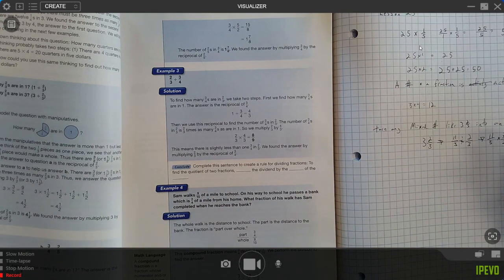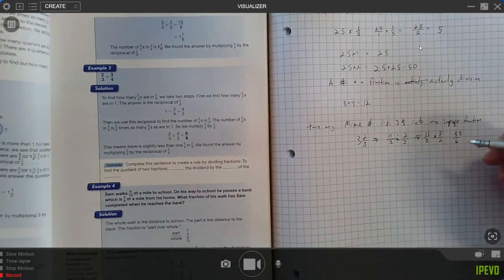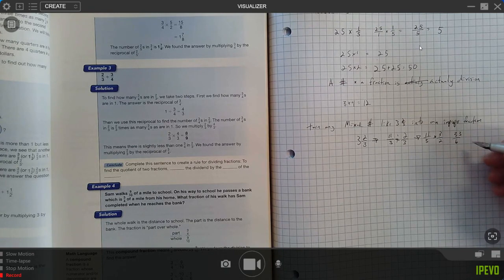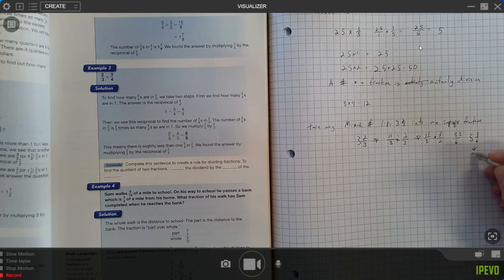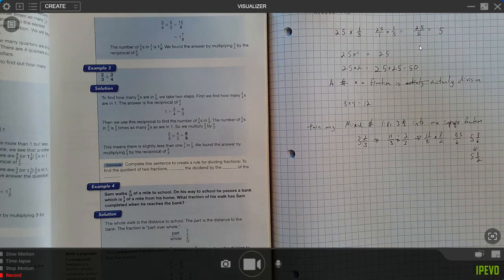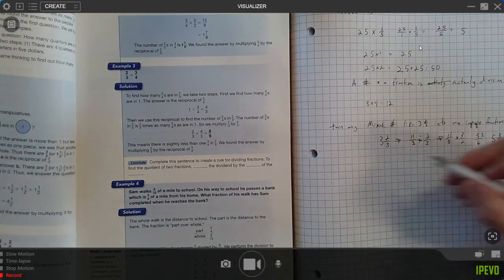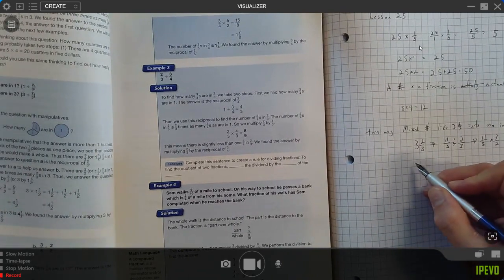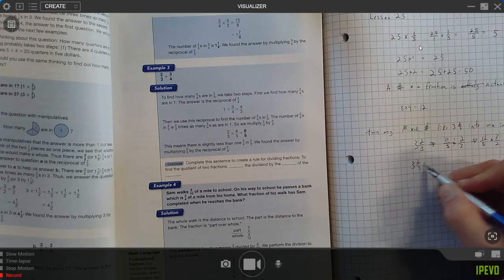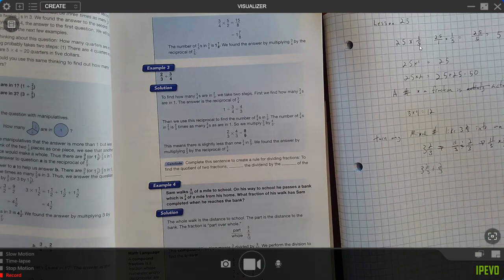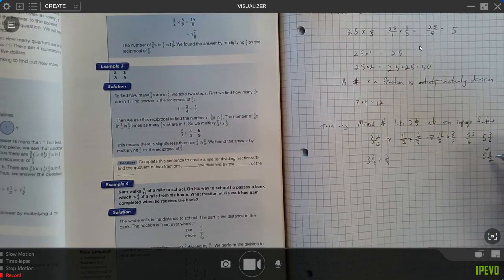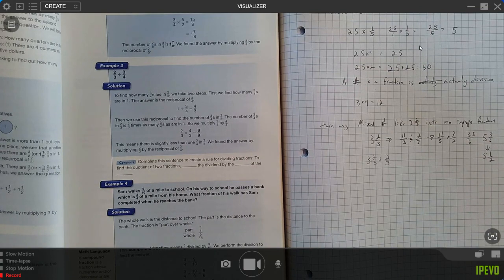Okay, and that's going to give us 11 times 3 is 33. 3 times 2 is 6. And now we just divide through. 6 goes into it 5 and 3, 6 left over, which turns into 5 and a half times. Okay, so this would have been the math for 3 2/3 divided by 2/3. So it goes in 5 and a half times. Okay.